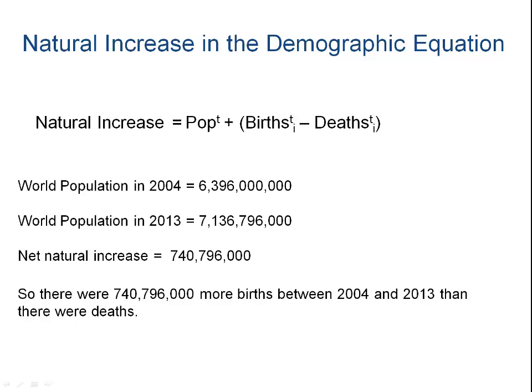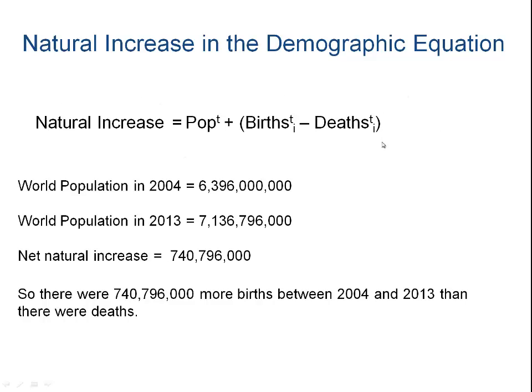Natural increase is a subset of the demographic equation. In much of the world, there's more focus on natural increase than there is on net migration. The difference between the number of babies born and the number of deaths that occur in a given time and place is your natural increase.